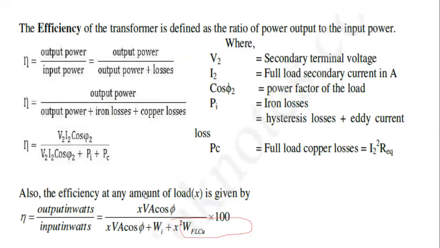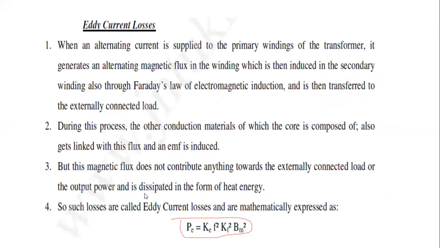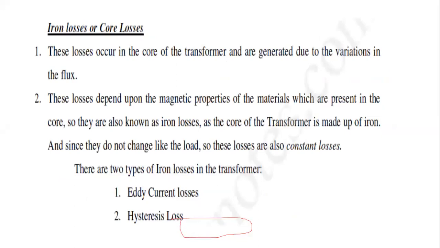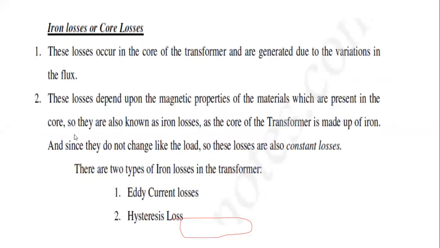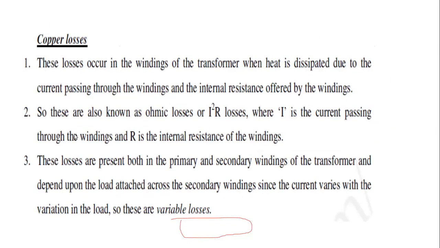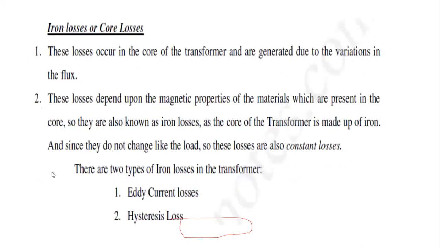These are the various types of losses obtained in a transformer, that is iron losses and copper losses. The iron losses are the fixed losses and the copper losses are the variable losses, depending upon the current, that is I squared.